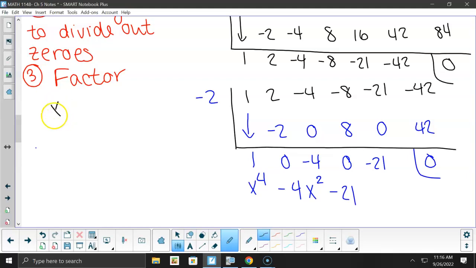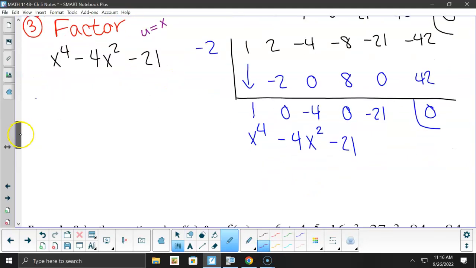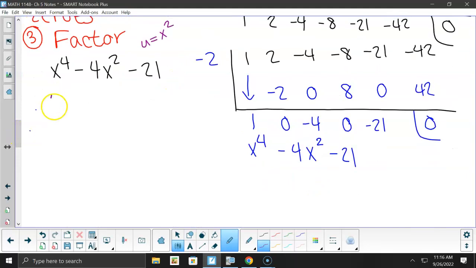So it's x to the 4 minus 4x squared minus 21. Basically, you use a U sub to get rid of things that are scary. I'm going to say U equals x squared. So that turns this into U squared minus 4U minus 21. It just makes it an actual quadratic, so it's not as terrifying.